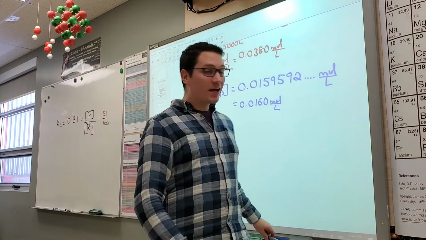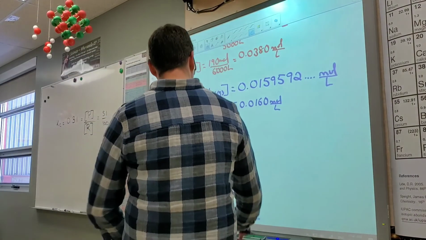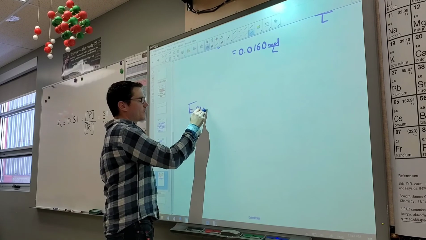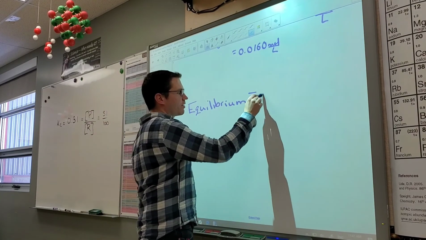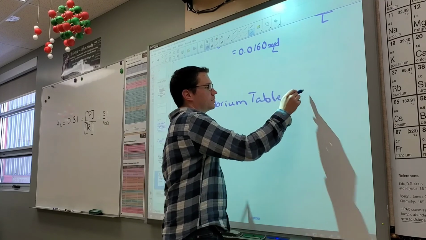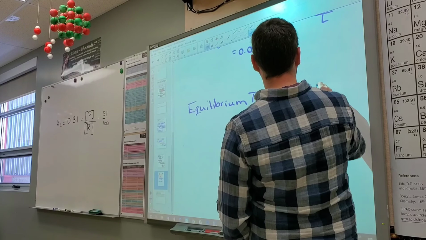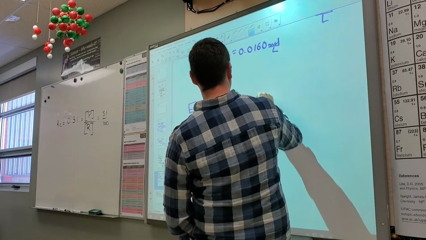That sheet that I just gave you says equilibrium, Kc and ice table problems. Sorry, Kc and ice tables, that's what it is.